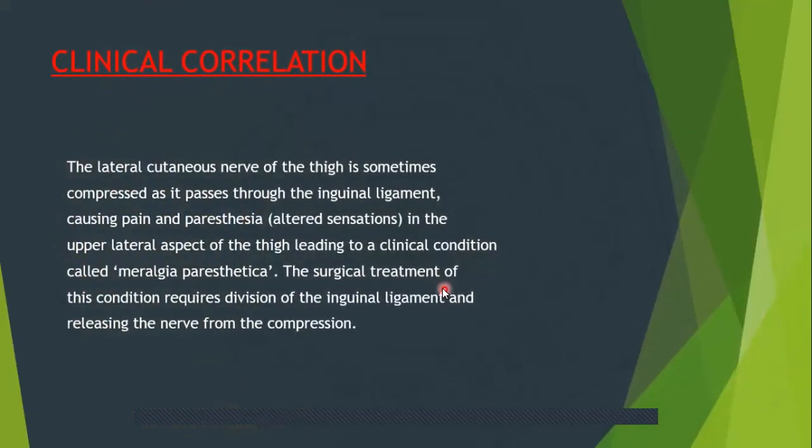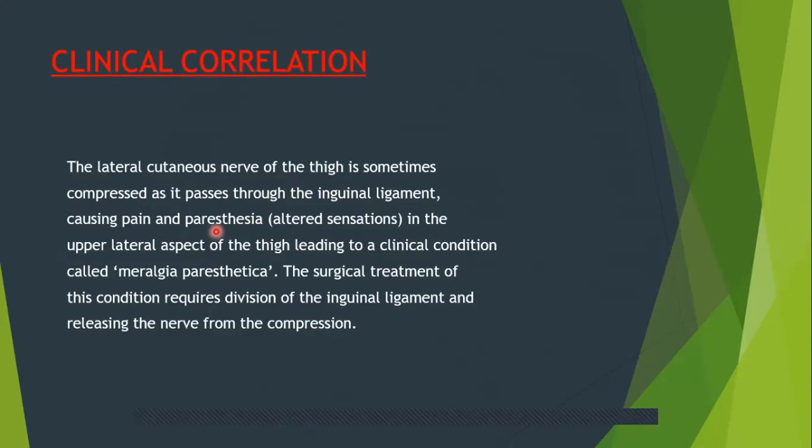Then what are some clinical correlations? Now, the lateral cutaneous nerve of the thigh, or the lateral femoral cutaneous nerve, remember root values L2, L3, as it exits the abdomen into the thigh, it usually passes through the inguinal ligament. It might be compressed as it passes through the inguinal ligament, which will lead to pain and paresthesia.